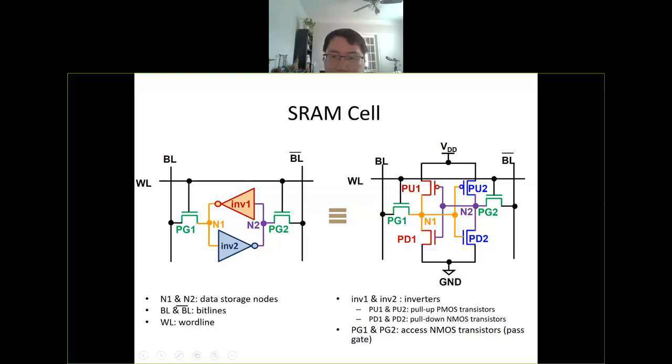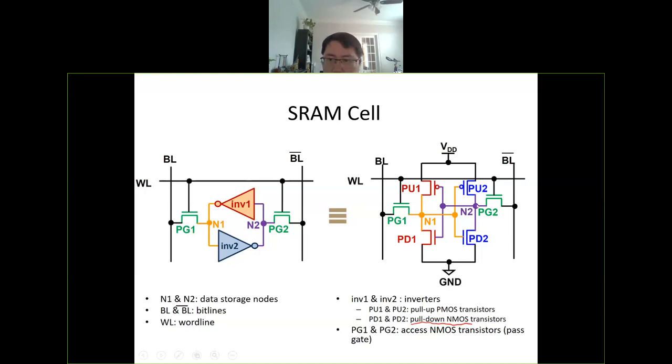So we give the name for the NMOS transistor, which is the pull down: PD1 and PD2, NMOS for the pull down.